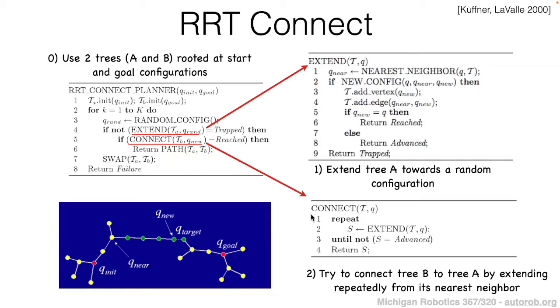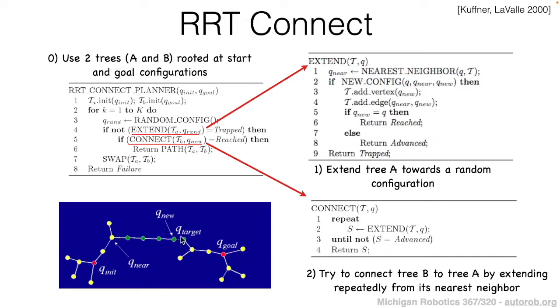So if we go back to this connect where we were considering, once again, we're going to try and connect tree T sub B to this new configuration that was added to tree T sub A by repeatedly calling the extension subroutine on these two variables.